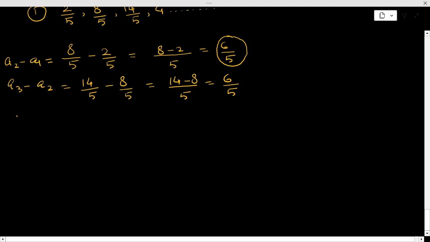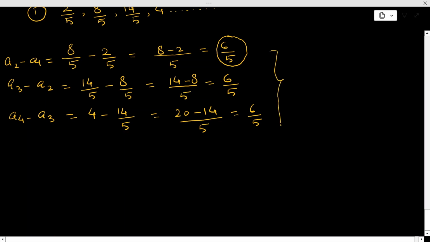On the same line, we can find the next difference, A4 minus A3. Our A4 is 4 minus A3, which is 14 upon 5. So this can be written as 20 minus 14 if you take the LCM as 5. So this is again 6 by 5.